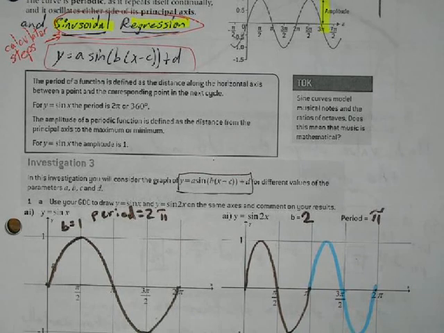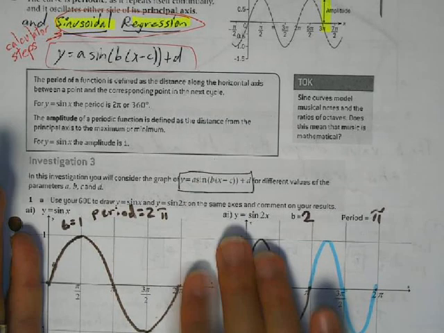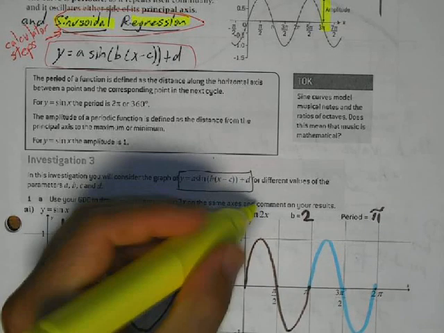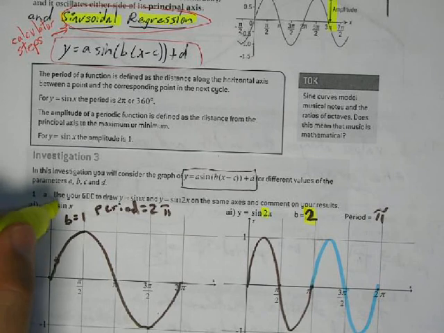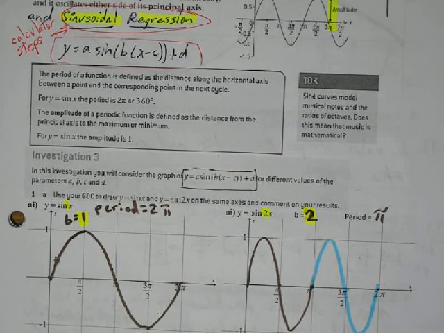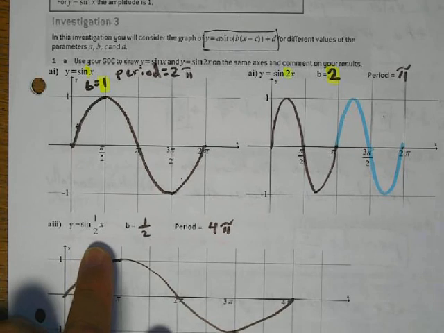Okay, the period from here to here, the length of there is pi. The length from here to here is 2 pi. And the B value is this number here. There was no number in front of the x, so my B value was 1. Our next example here, we're going to do sine 1/2 x.